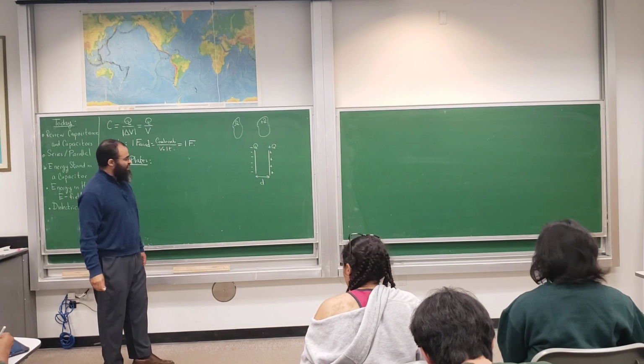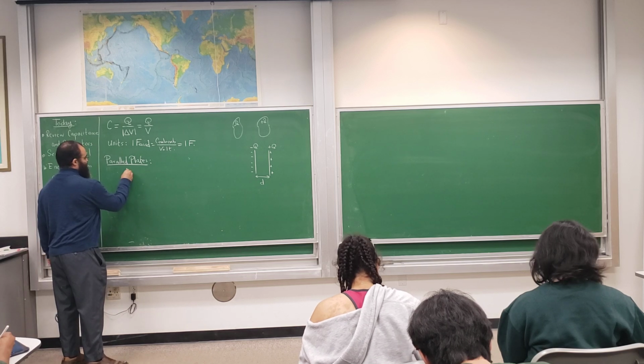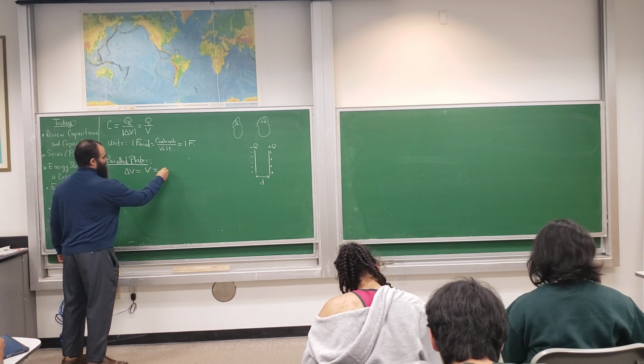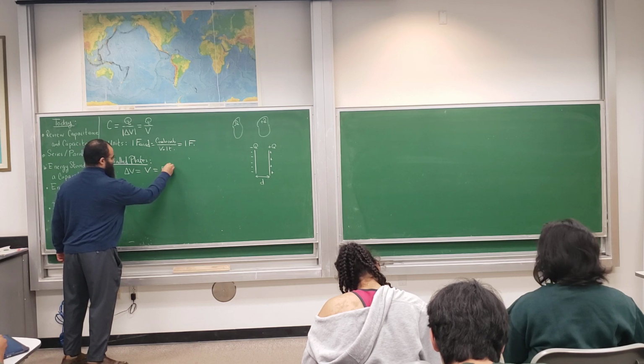So the potential difference between the plates, delta V, is the electric field between the two plates times the distance, right?